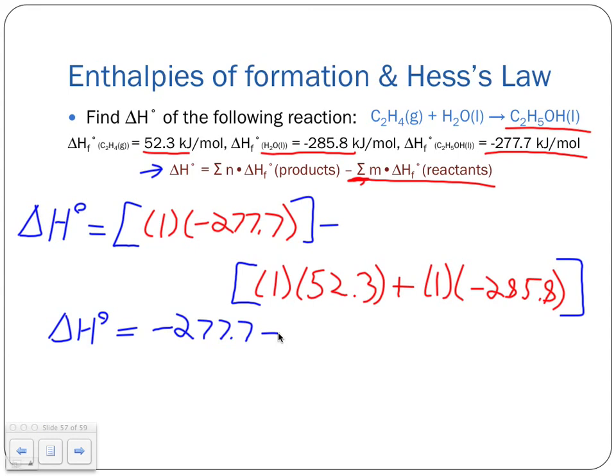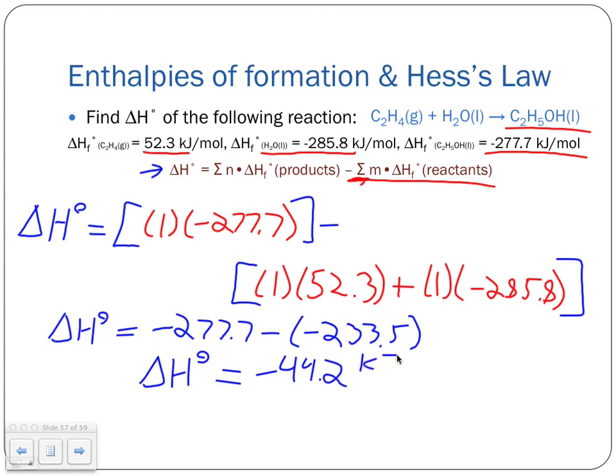If we add those up, I get negative 233.5. And so negative 277.7 minus negative 233.5 is, of course, the same as adding 233.5. That tells me that our heat of reaction is going to be negative 44.2 kilojoules per mole.